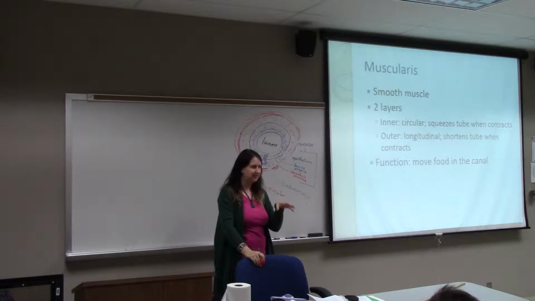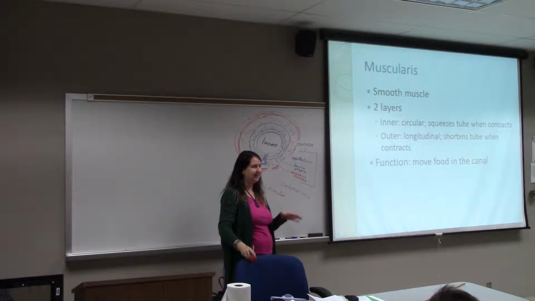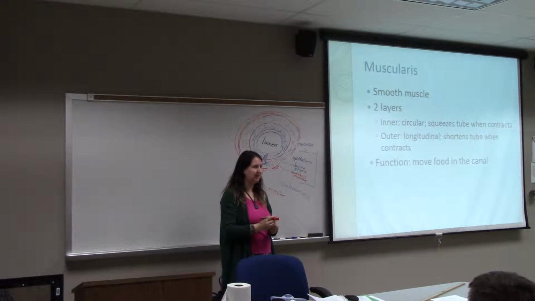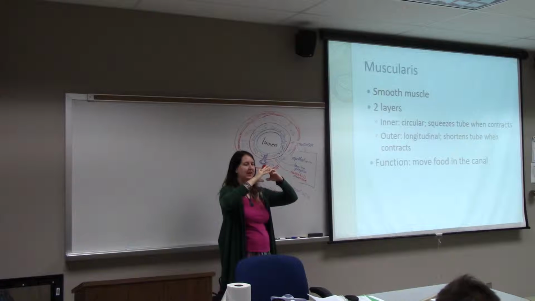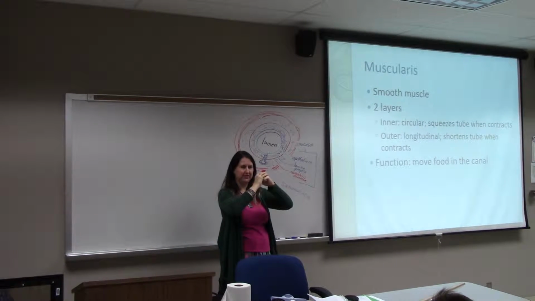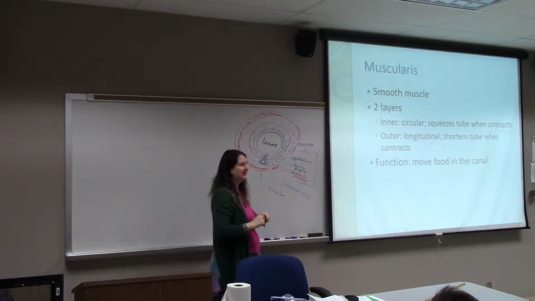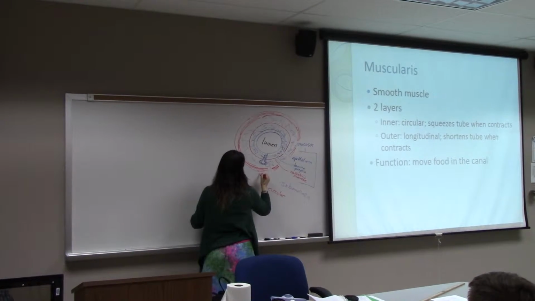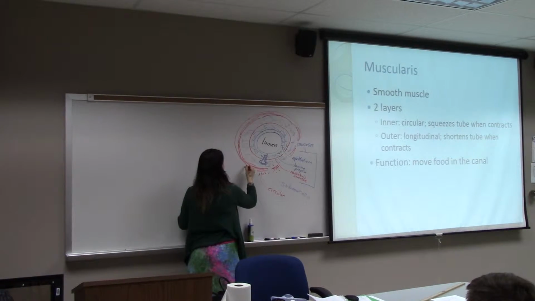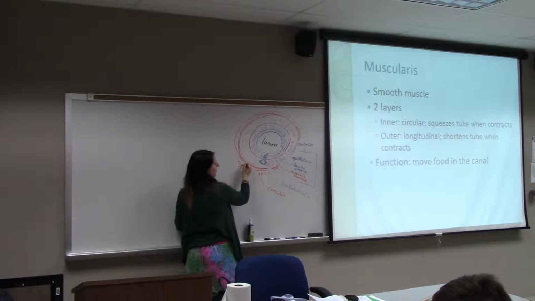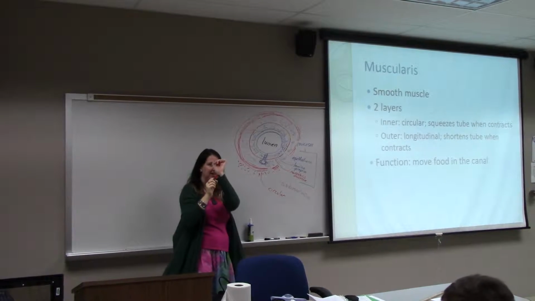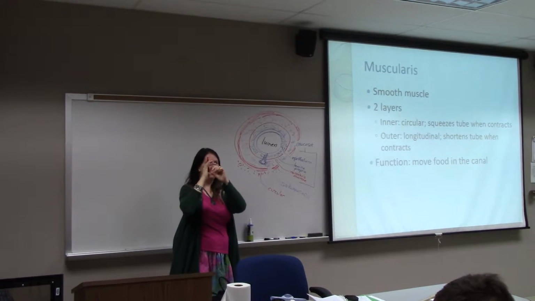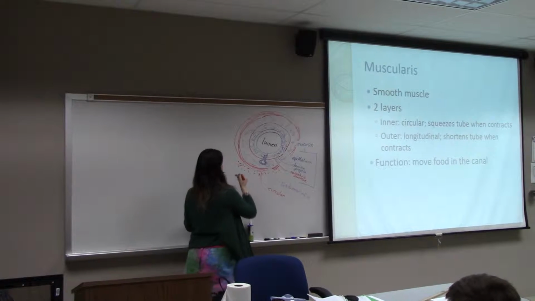And that's similar to the only layer that the blood vessels have, the tunica media, where it's wrapped around the tube, and when it contracts, it constricts the tube and can even pinch it off temporarily. The outer layer is longitudinal. It would look like dots mostly in a cross section because you would just see the thin thickness of the smooth muscle cells.